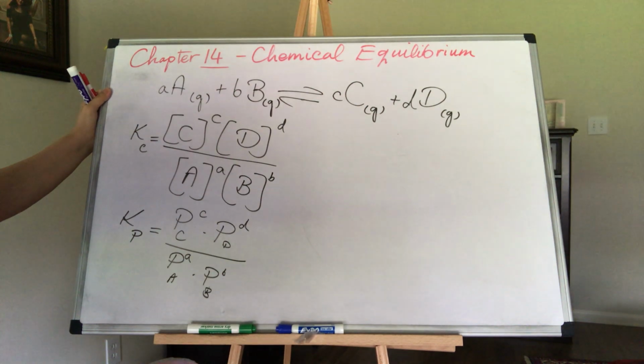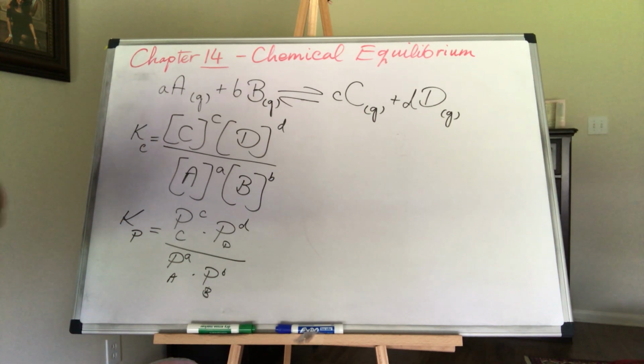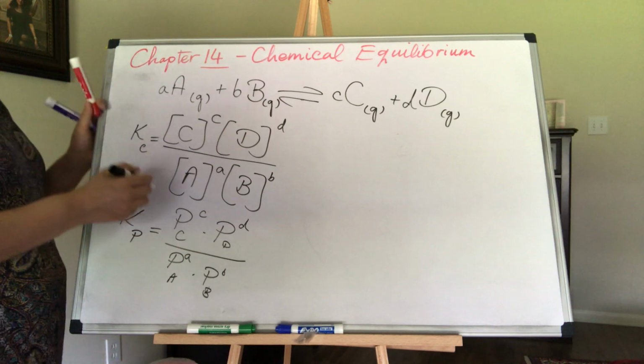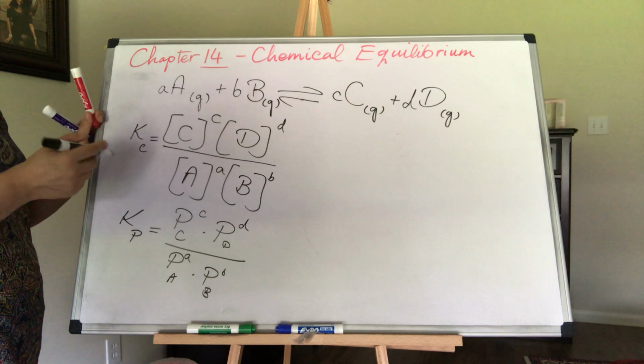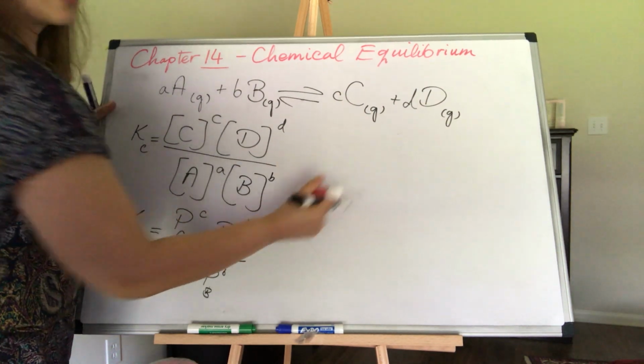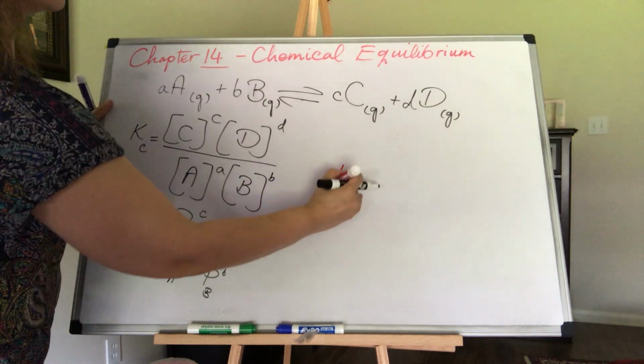So that's the relation between Kc and Kp. And if you want to have a good relation between them, like let's say sometimes you can calculate Kc and you just have Kc, you don't know how to calculate Kp, then you have some calculations on the PowerPoint slides.